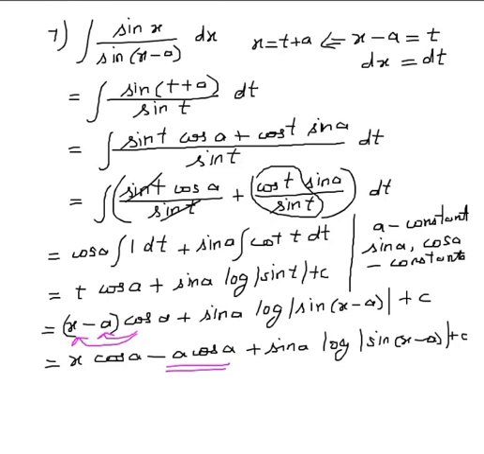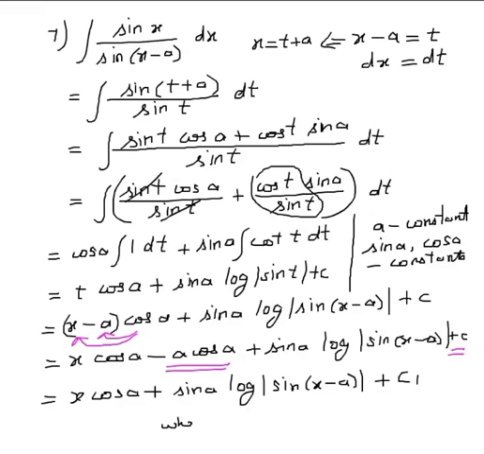Now see, this is a constant. C is also a constant. So we can combine the constant terms. Therefore, x cos a plus sin a times log of absolute value of sin of x minus a. And I am writing these two constant terms together as C1, where the constant C1 is C minus a cos a.